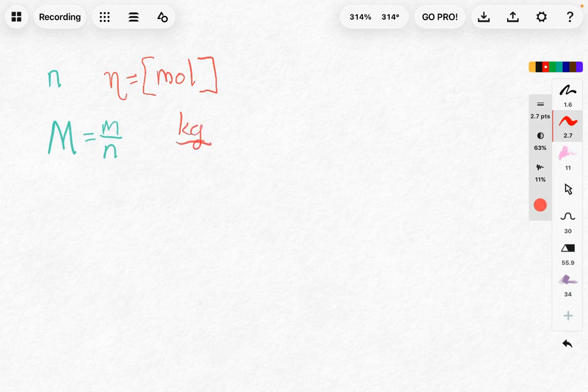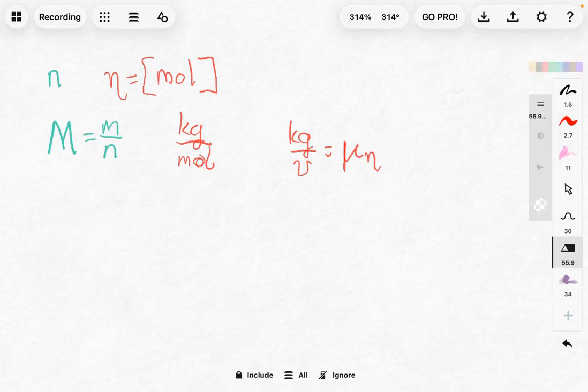That's just kilograms per mole. And the symbol that is kilograms per U is mu. So this can already be seen as mu eta, so mu sub the number of moles. And that is mu 0 eta if we want to be more specific.